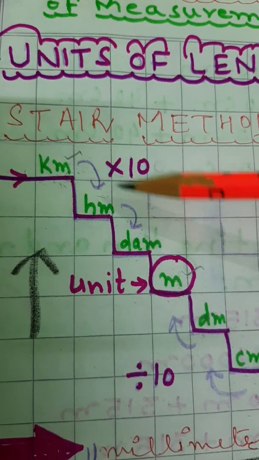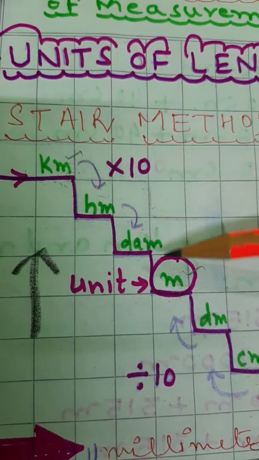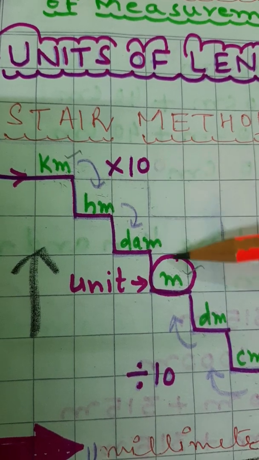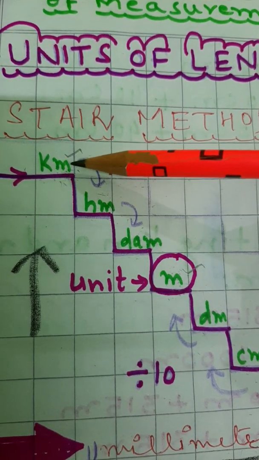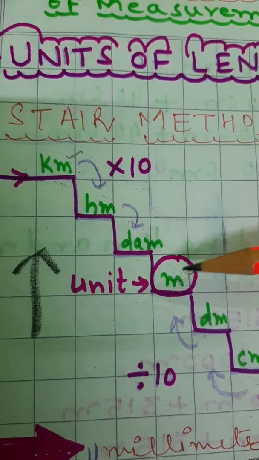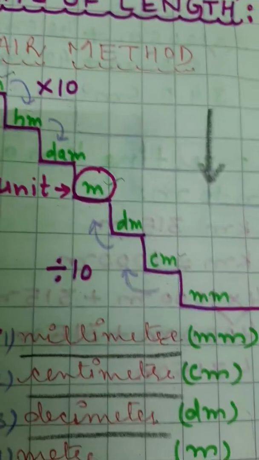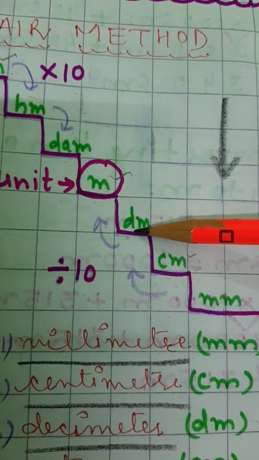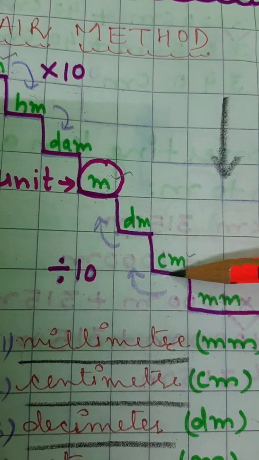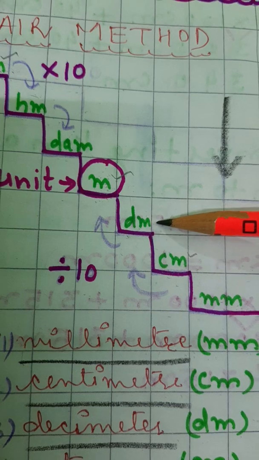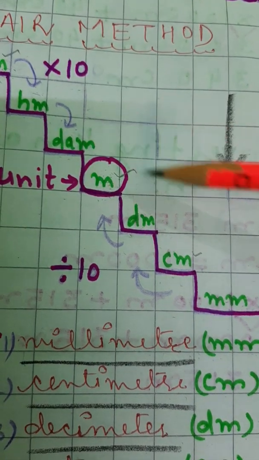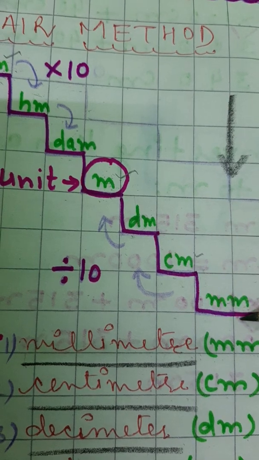So whenever I convert a bigger unit into a smaller unit, I multiply by 1000 in the case of kilometer to meter. Similarly, if I want to convert meter into centimeter, I have to move 2 steps down, so I multiply by 100. And this can be followed for the other units.